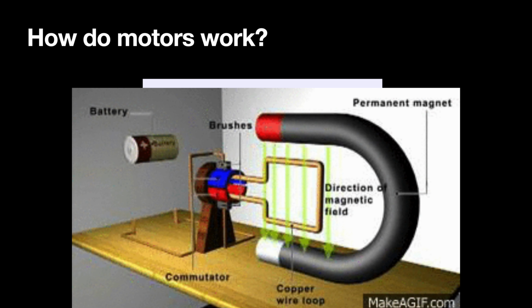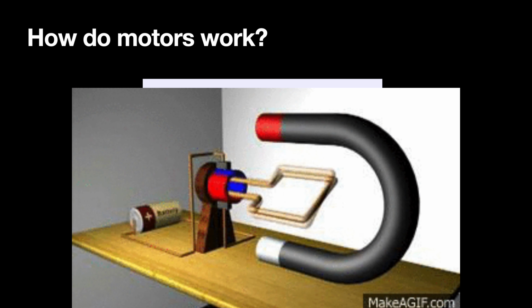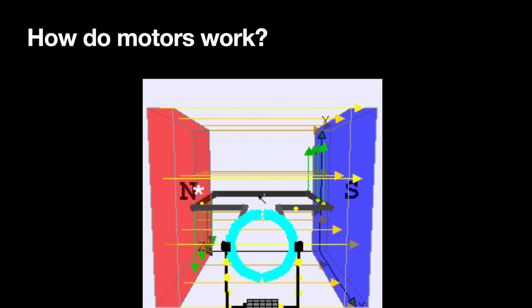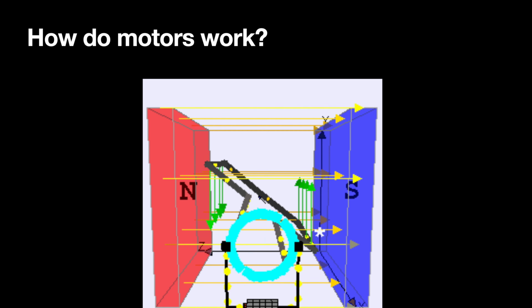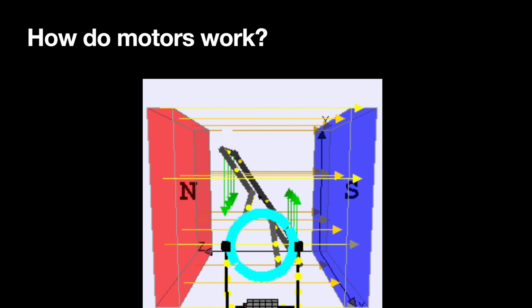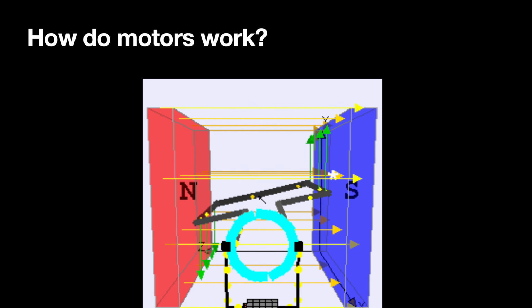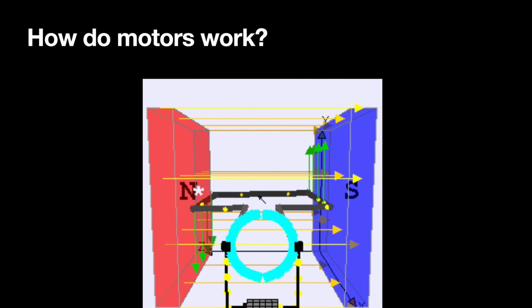This force causes the coil to rotate. This offers us a better look at what this looks like. This is known as the motor effect, and that's what this lesson's about.